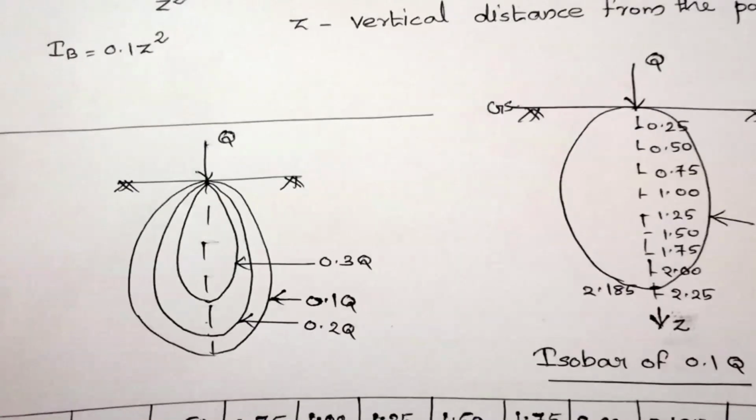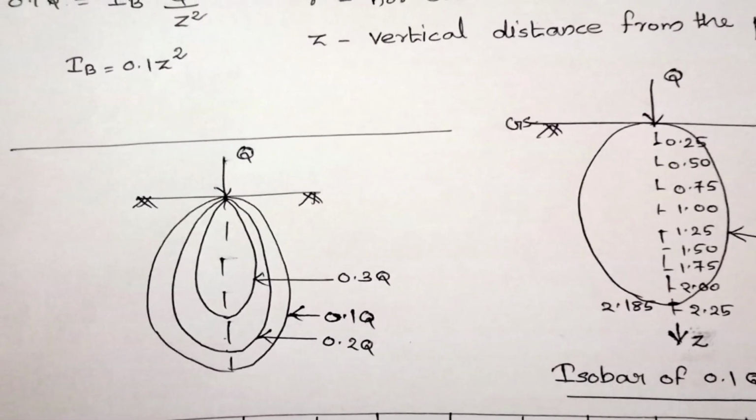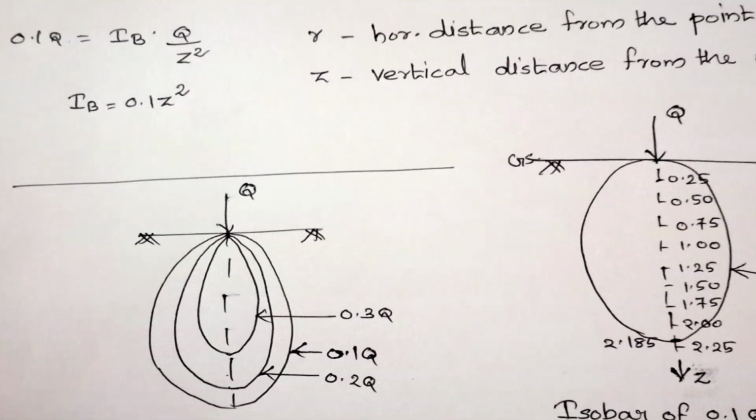So this is the equation for finding the stress intensity of 0.1 Q. For 0.2 Q stress intensity, the equation will be different. Same way, for 0.3 Q stress intensity, the equation will be different.